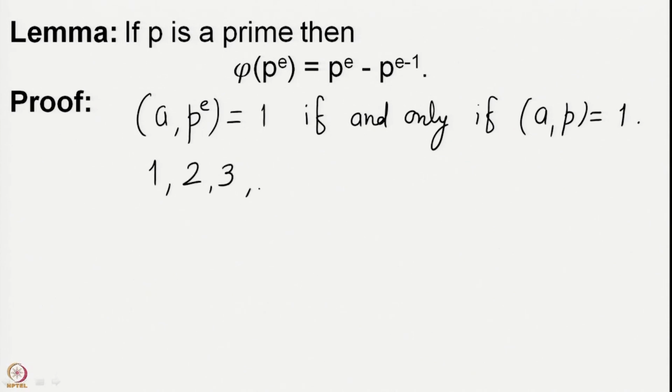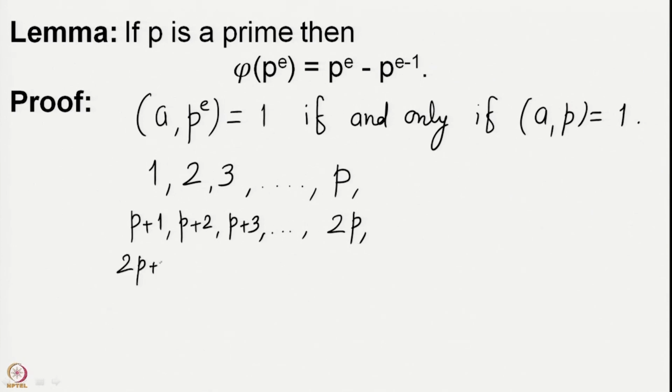We have 1, 2, 3 and so on up to p. Then we start writing the elements in the next row, p plus 1, p plus 2, p plus 3, dot dot dot, and then the next multiple of p will be 2p. After that we have 2p plus 1, 2p plus 2, 2p plus 3, then 3p, and we can just continue this way.